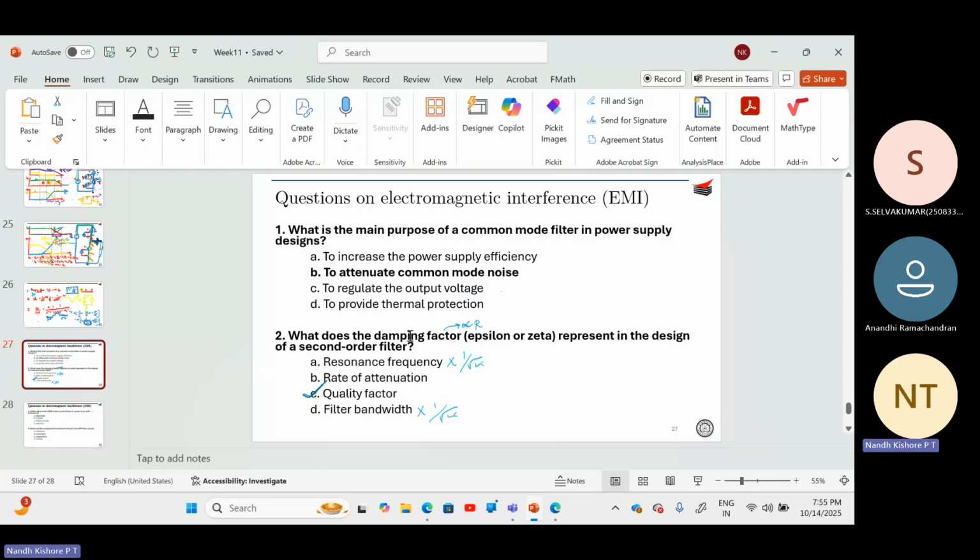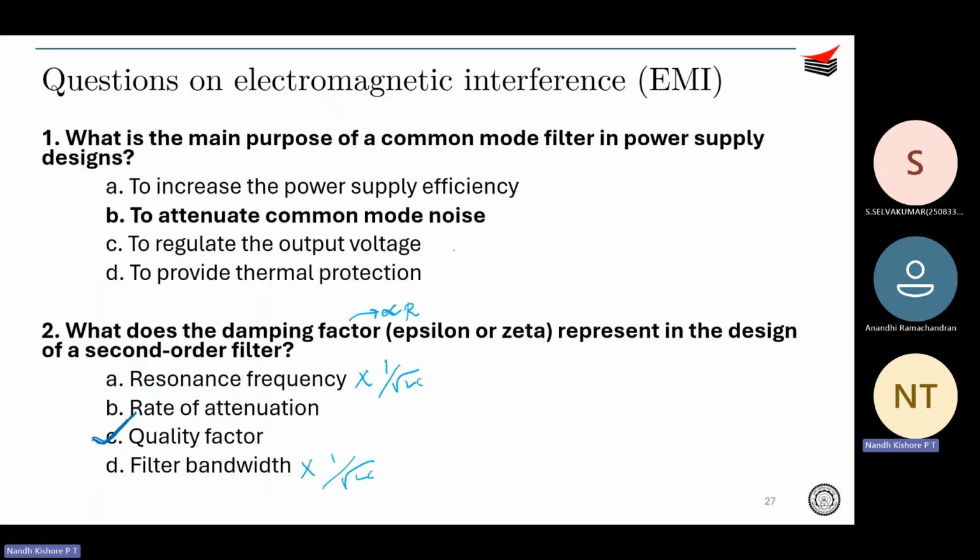So the damping factor represents your quality factor, right? And both of them are inversely proportional. Damping factor is inversely proportional to quality factor. And the relation is actually epsilon is equal to 1 by 2Q. Q is your quality factor. If you want, you can refer to your control notes, or even I think we studied this in first year networks in BTech.